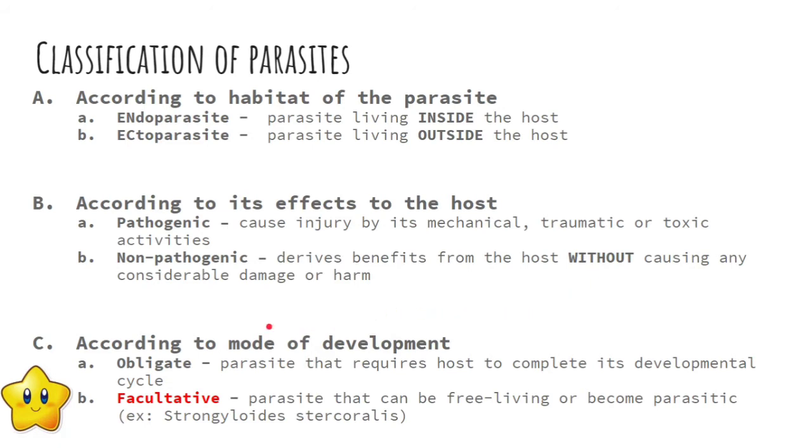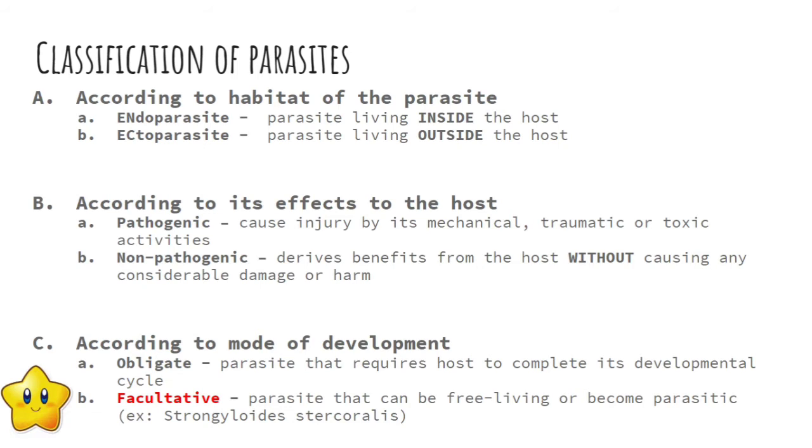Also, classification of parasite, we can also classify them according to the mode of development. May star dito, pero sige, dito muna tayo. Obligate. Obligate parasites are those parasites that require a host to complete their developmental cycle or life stages. So, ito pong mga different parasites na to give you an idea, they are undergoing developmental cycle or the life cycle.